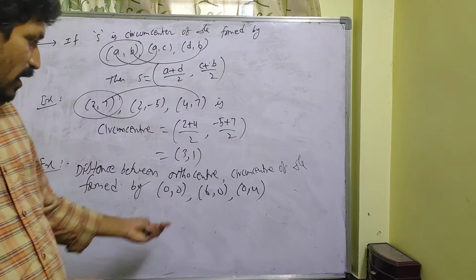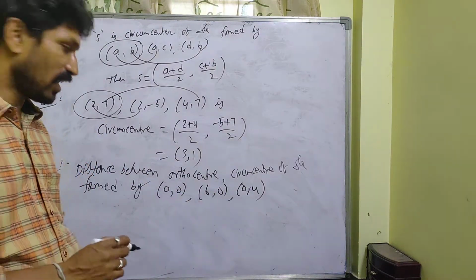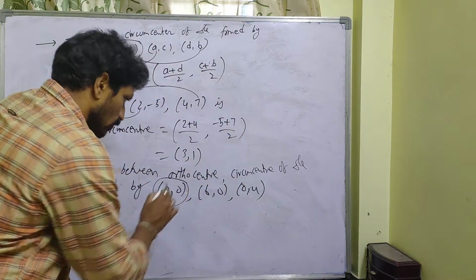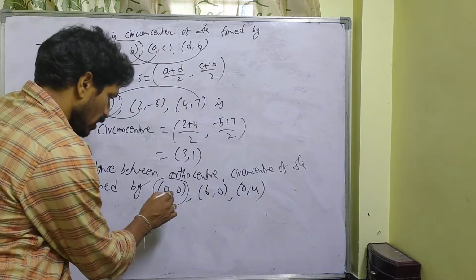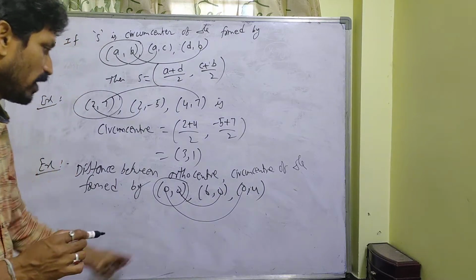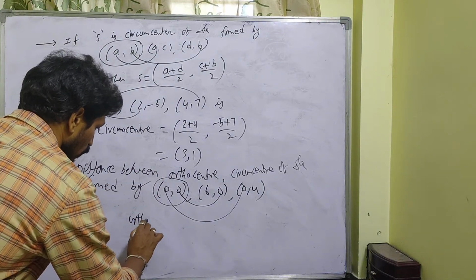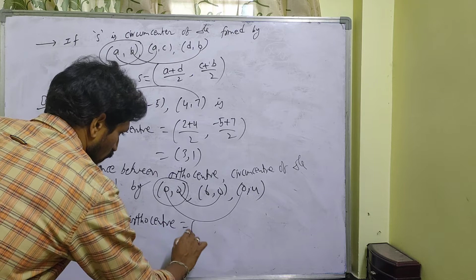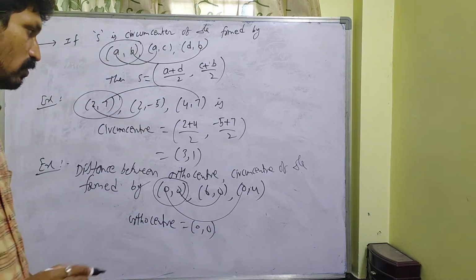See here, indirectly they have given a right angle triangle. So the right angle vertex is (0, 0). Very clearly these two are coincident, so it is the right angle vertex. So very clearly the orthocenter is equal to (0, 0), the origin.